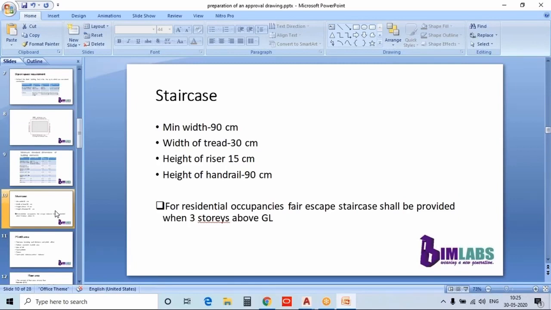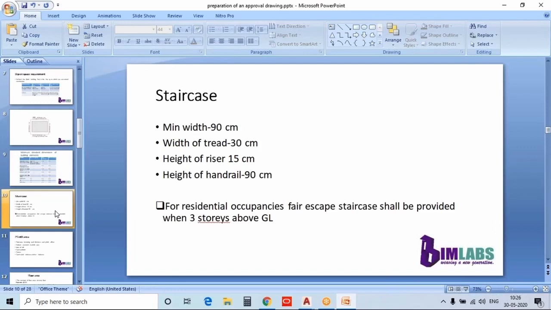If your state changes, then there will be a little change in these requirements. If you are going to prepare an approval drawing, then first of all you have to read the full municipality building rules or panchayat rules according to the location of that plot. Then only you can prepare this approval drawing.